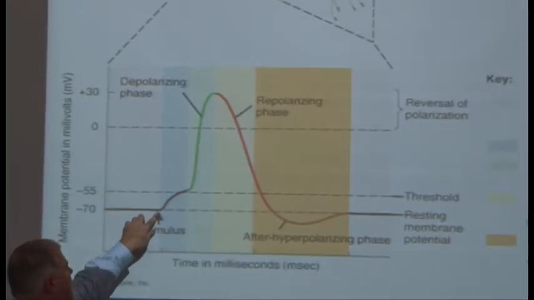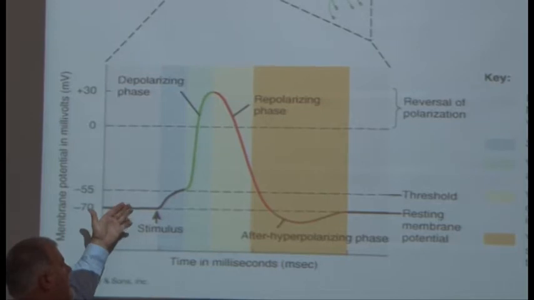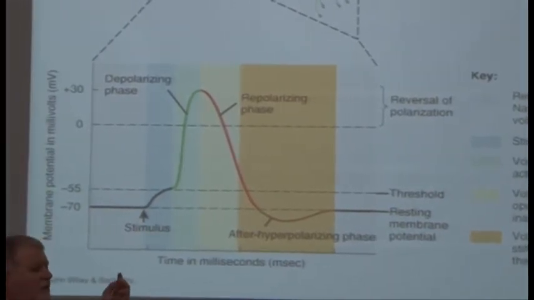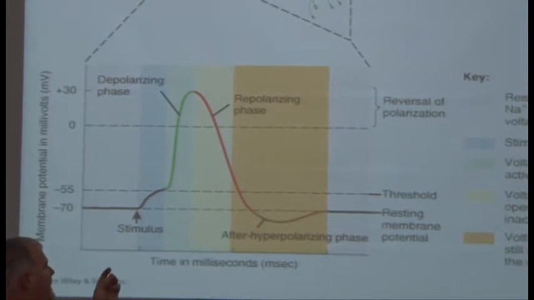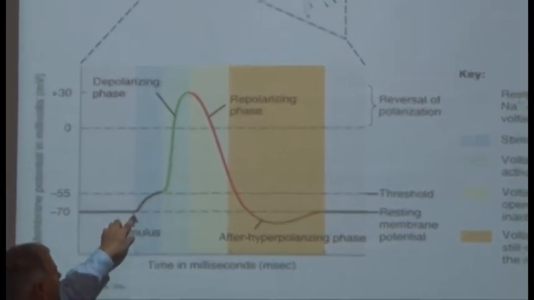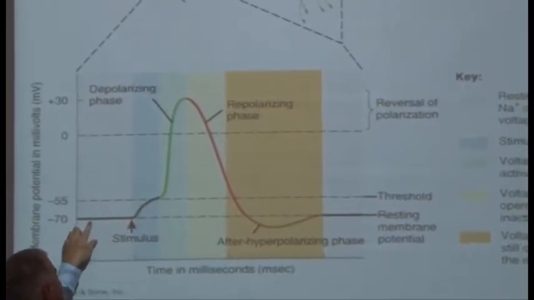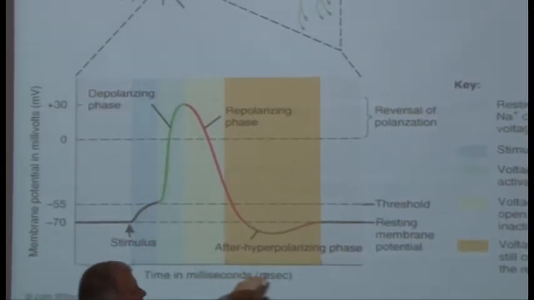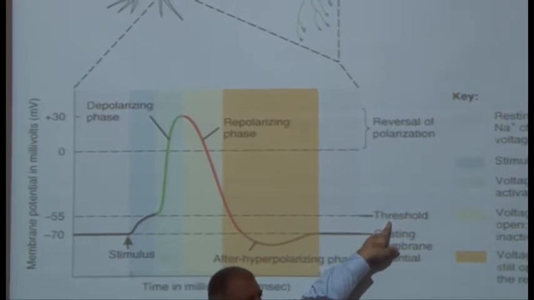So if we release acetylcholine and acetylcholine binds with the receptors in the motor end plate, then we're going to move our membrane from minus 70 to minus 55. So it moves upward. And that is what we call a threshold event.